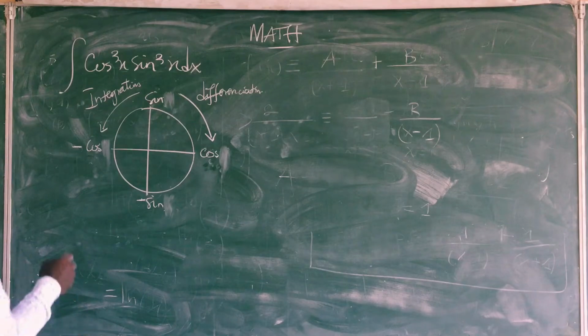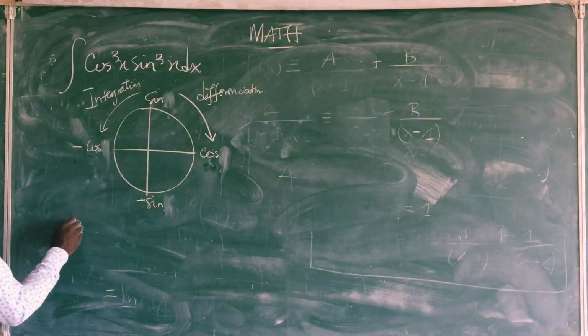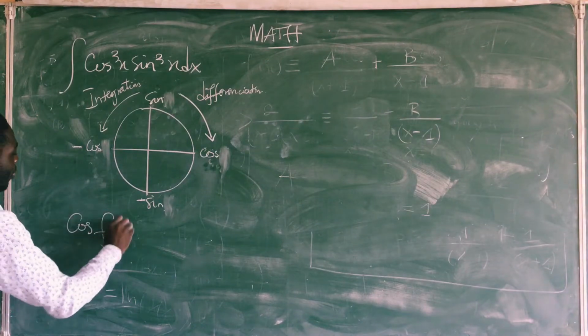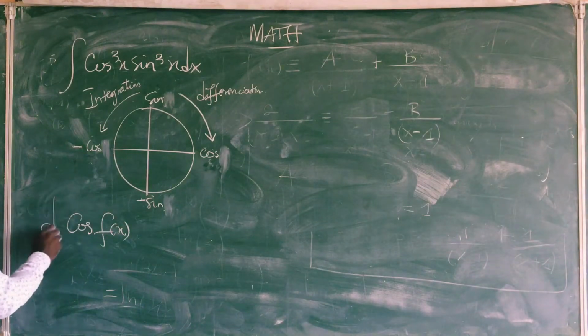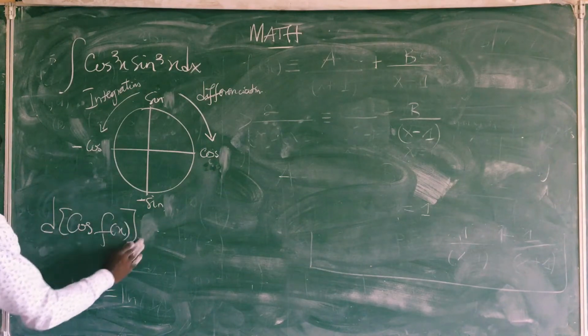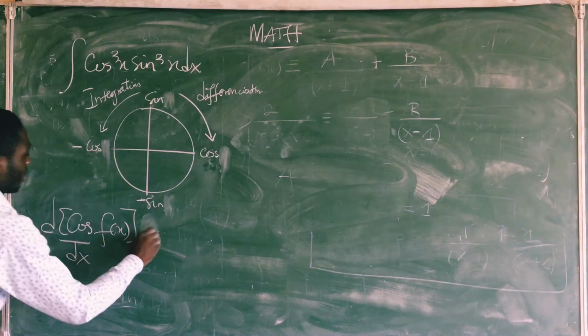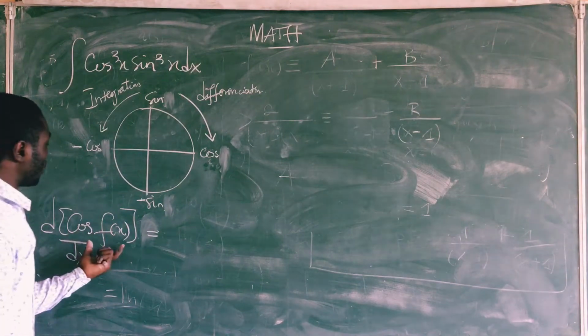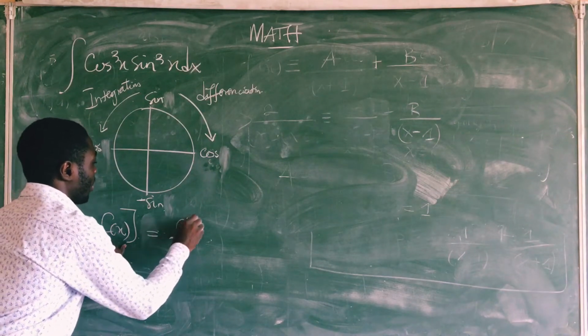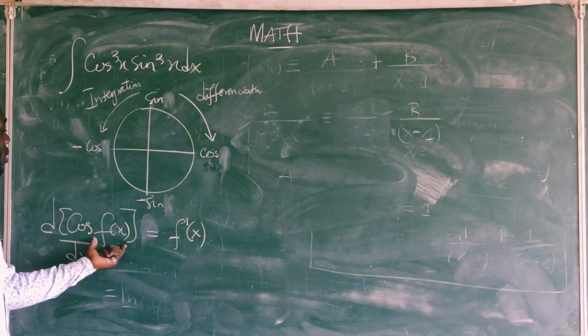Now what if I have cos f of x, for example, and I have to differentiate it? The differentiation of cos f of x with respect to x is the same as, what we simply do is we differentiate this function here, so I'm going to take f prime of x.